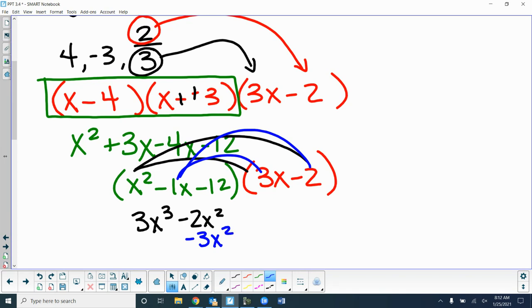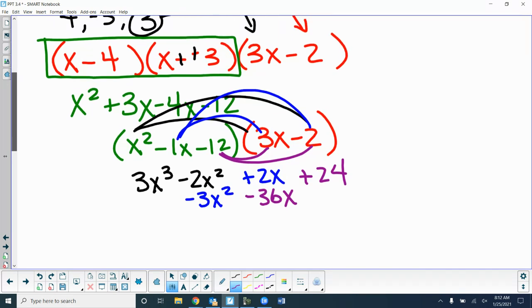And negative 1x times negative 2 is a positive 2x. And then I take the third one times both of those. Negative 12 times 3x is negative 36x. And negative 12 times negative 2 is a positive 24. So what I do is I line up the like terms as I go. If you want to put all 6 terms in a straight line, that's okay. And then we combine the like terms.